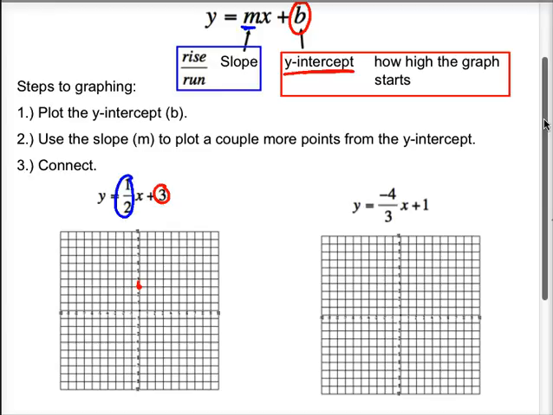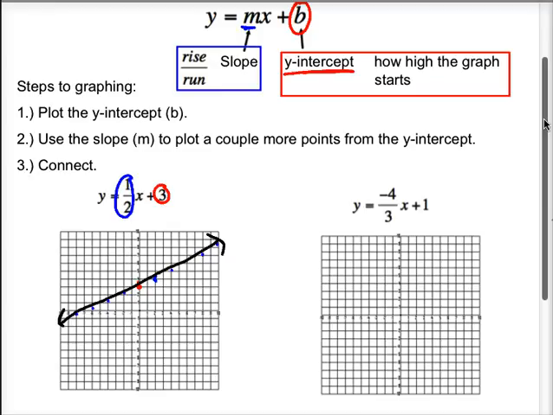So that means I go up 1 and over 2 from that point. Up 1 over 2, up 1 over 2, and I keep going. I can even go in reverse because the more points you have, the more accurate of a line you can draw. And once you have those points, you can connect them and you have your graph.